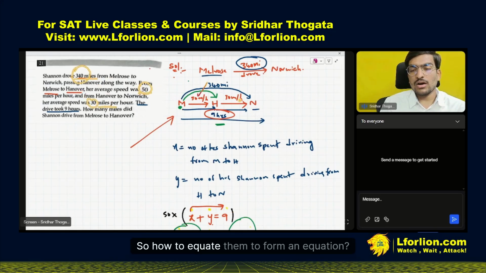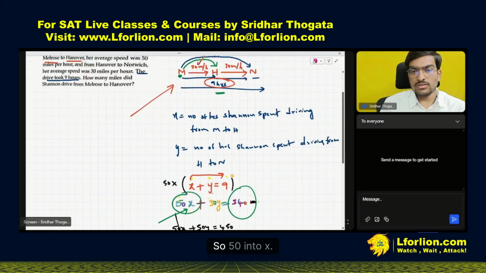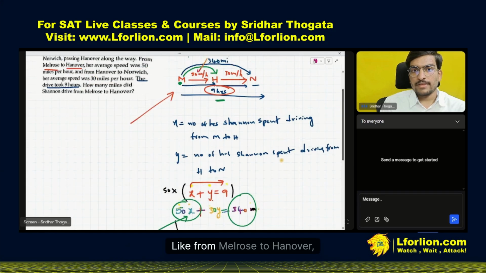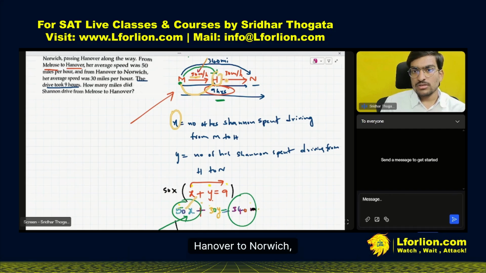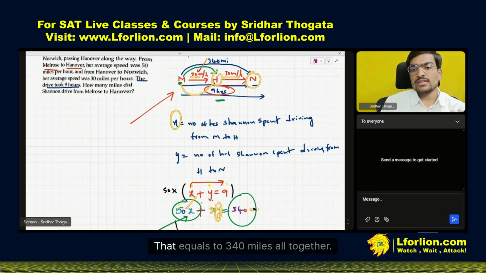So how do we equate them? 50 times X, because from Melrose to Hanover she drove at 50 miles per hour for X hours, plus 30 times Y, because from Hanover to Norwich she drove at 30 miles per hour for Y hours, equals 340 miles altogether.